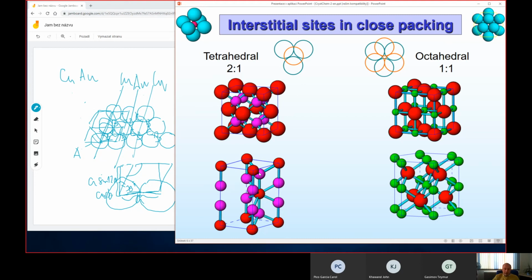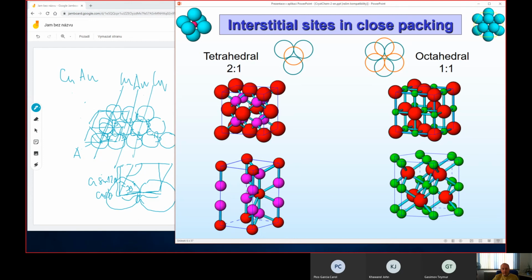But the number of atoms in the hexagonal close packing per single unit cell is 2. So again, the ratio between the tetrahedral sites and the atoms in close packed arrangement is 2:1. But in this case, these 2 tetrahedral positions are very close to each other, and these 2 positions cannot be occupied simultaneously.